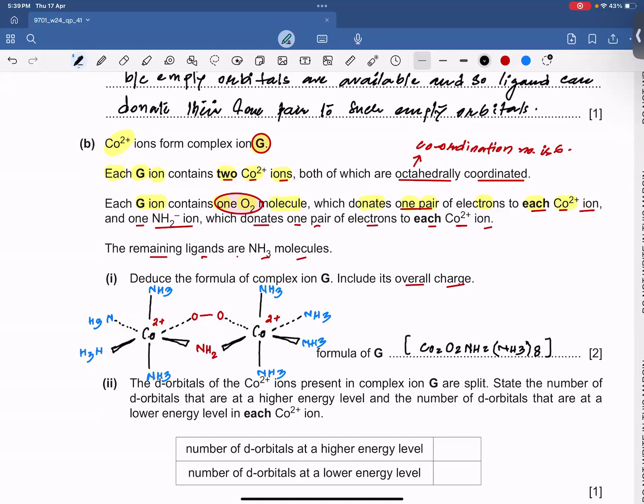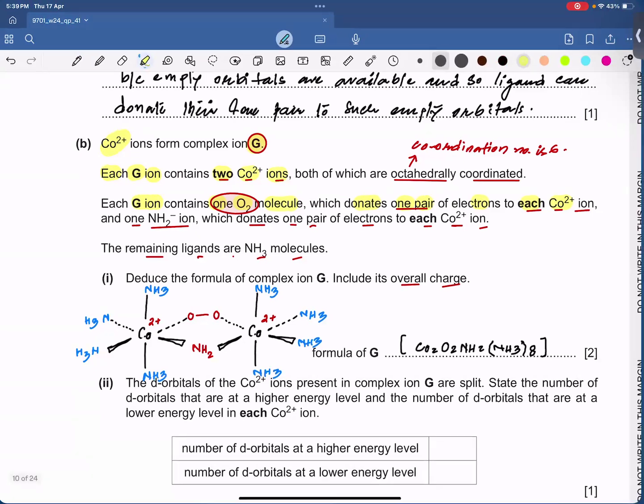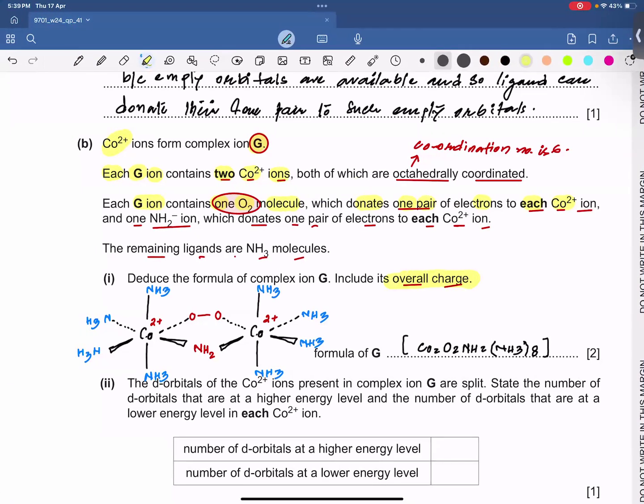But again, we need to check the overall charge. How can we calculate the overall charge? Look, this cobalt has 2+, this cobalt has 2+. So in total, it has a charge of 4+, right? And the charge of NH₂ is -1. It's given in the question.